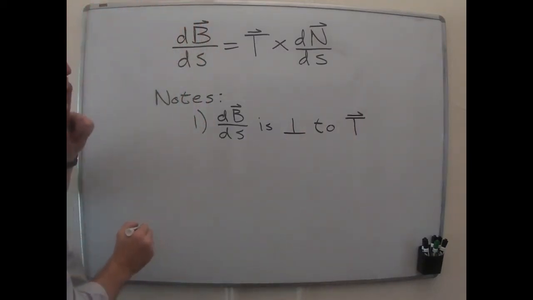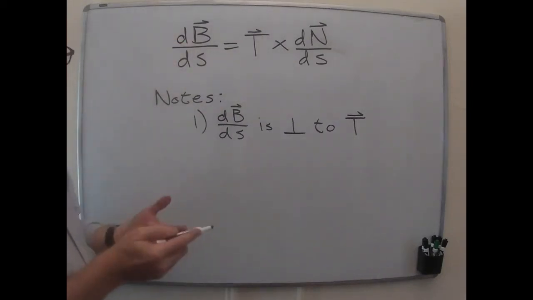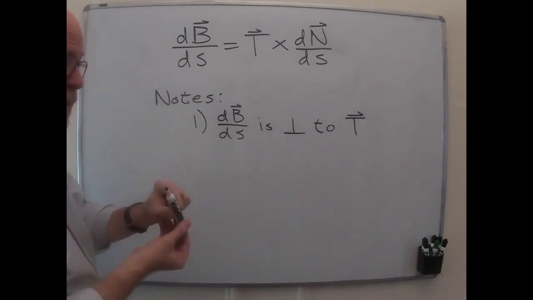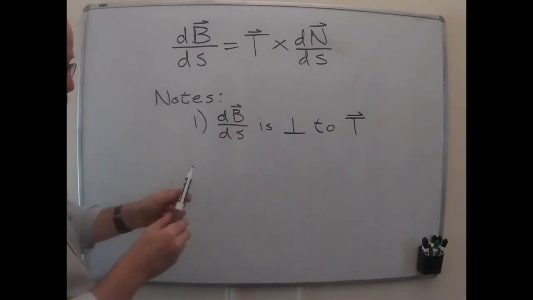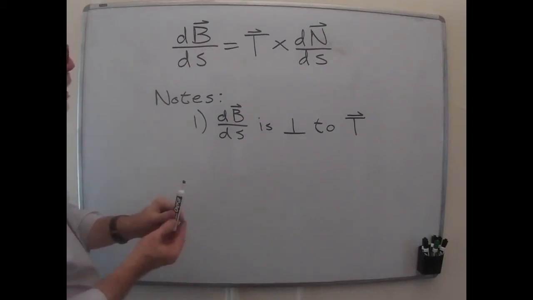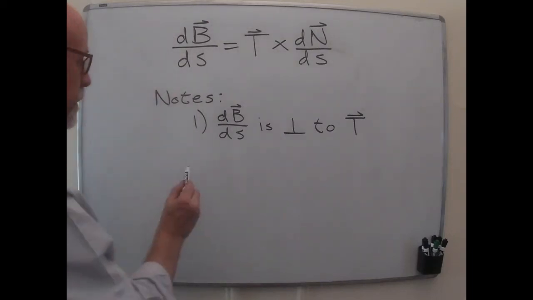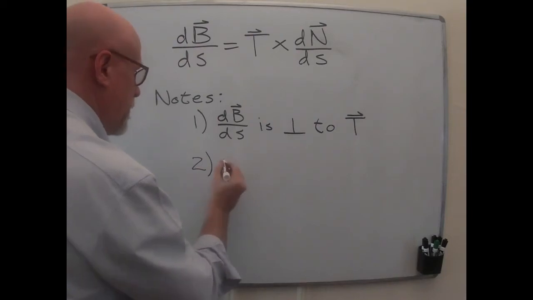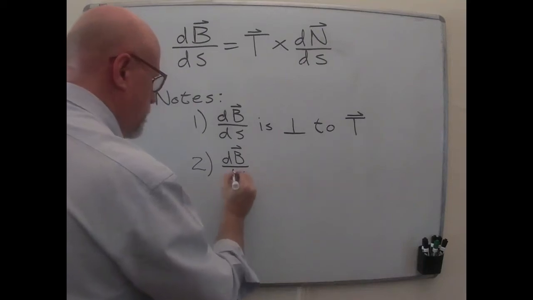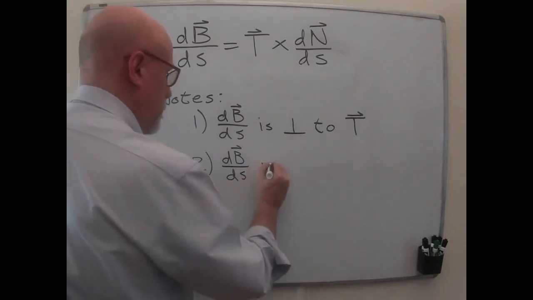The other thing is that B is a unit vector, so that's that idea of constrained motion on a sphere. No matter what happens to the space curve, B is always a vector whose head, if you moved its tail to the origin, is on the unit sphere. So the derivative of a vector of constant length is going to be perpendicular to that thing. That's our second note: dB ds is perpendicular to B. Any one of these unit vectors, if you take its derivative, you'll get something perpendicular to the original.